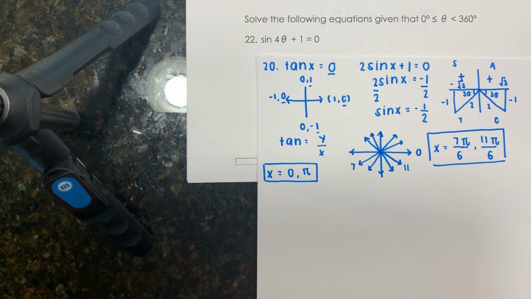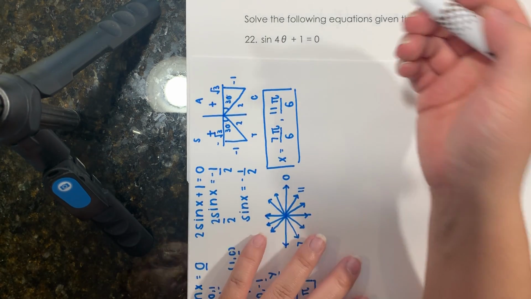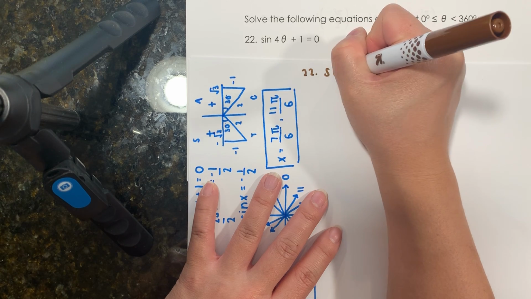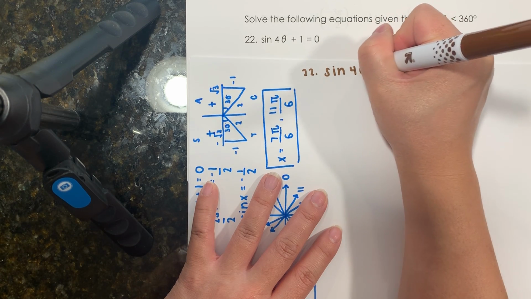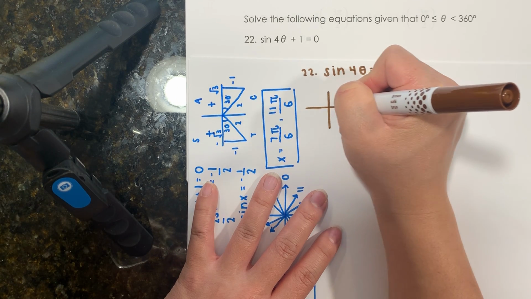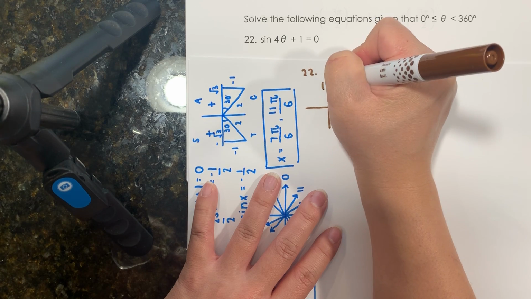Okay, so for number 22, the first thing that I'm going to do is I'm going to move the 1 to the other side. So I would get sine 4 theta equals -1. Now for this one, it's not going to use a reference triangle. It's going to use the unit circle.